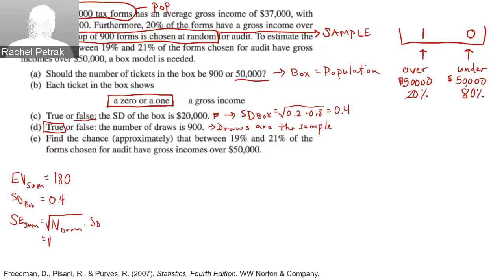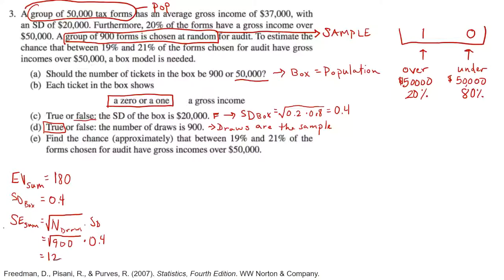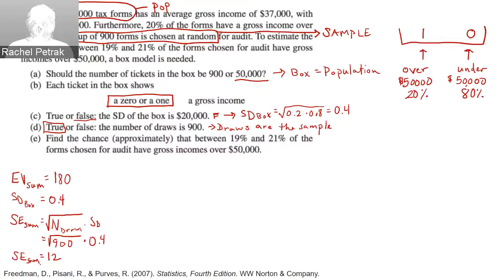Thus, it's square root of 900 times our standard deviation of 0.4. So the standard error is 12. Thus, the number of sample forms with gross incomes over $50,000 will be around 180, give or take 12 forms.